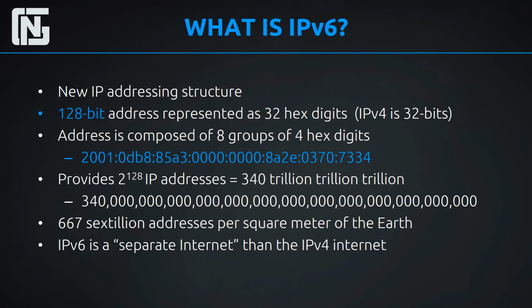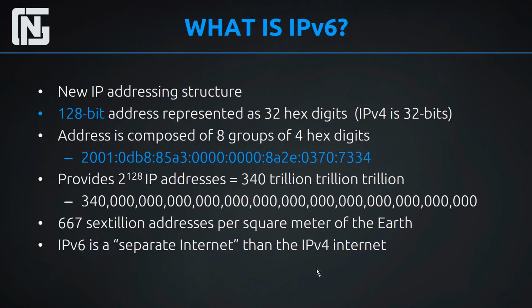Another good thing to understand is that IP version 6 is technically on a separate internet than IP version 4. We do have gateways between them, and we can do things like tunnel from IP version 4 into IP version 6. But there are websites that are IP version 6 only, and the only way you can get to them is by going through the IP version 6 internet infrastructure.